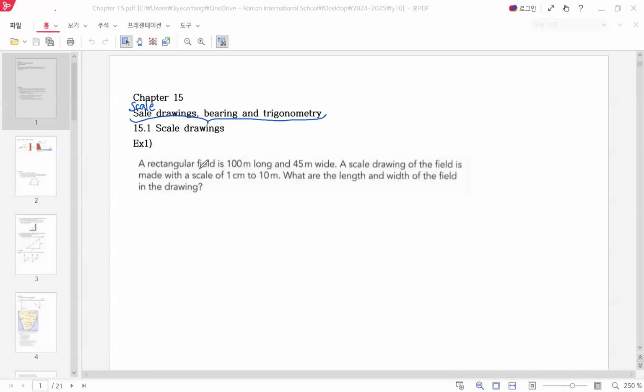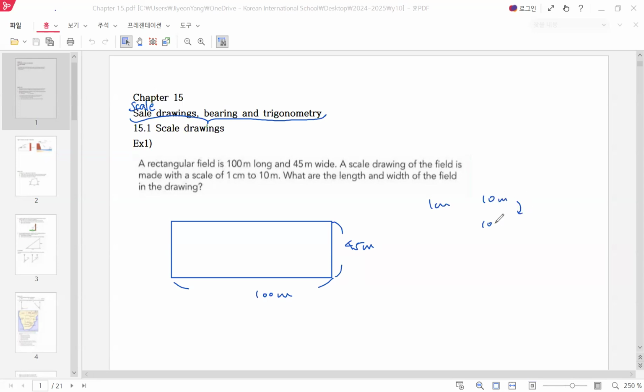A rectangular field is 100 meters long and 45 meters wide. A scale drawing of the field is made with a scale of 1 centimeter to 10 meters. Then 100 meters is going to be represented as 10 centimeters on the map.